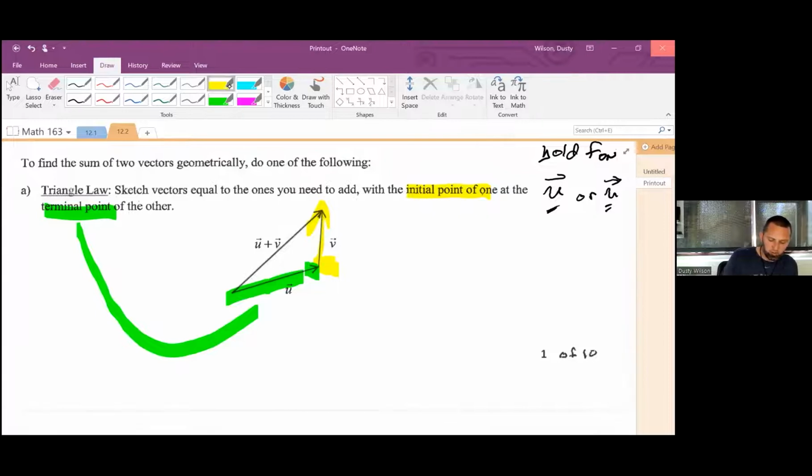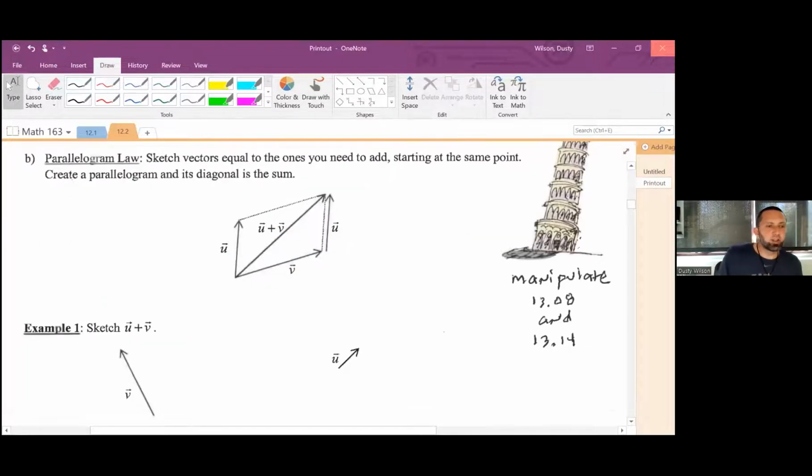Terminal point of u, initial point of v. And so our sum, u plus v, would start at the very first point and end at the end of v. Alternatively, we can add vectors graphically by using the parallelogram law.